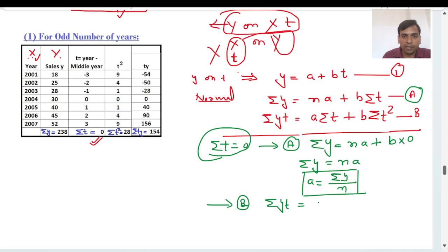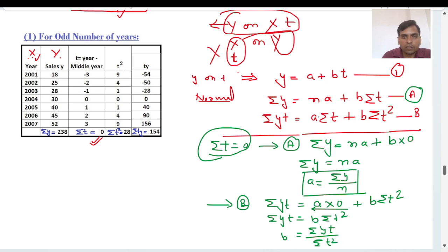This is summation yt equals a into summation t, which is 0, plus b summation t square. Now you can write this quantity as 0 and this as summation yt equals b summation t square. Now you can write b equals summation yt divided by summation t square.